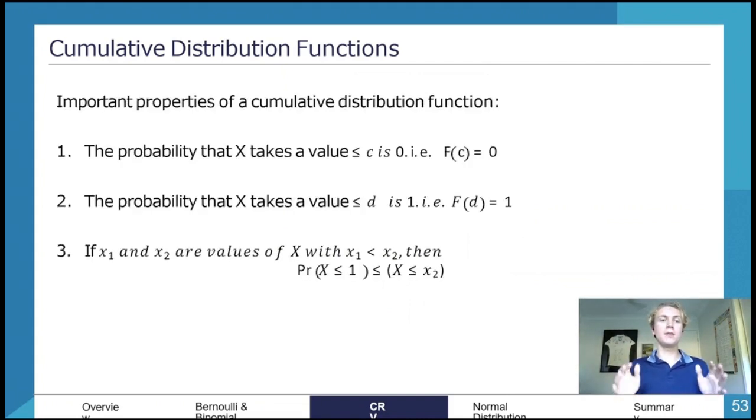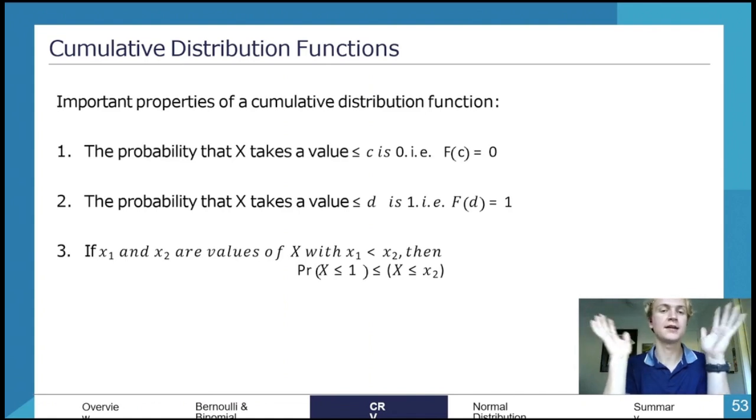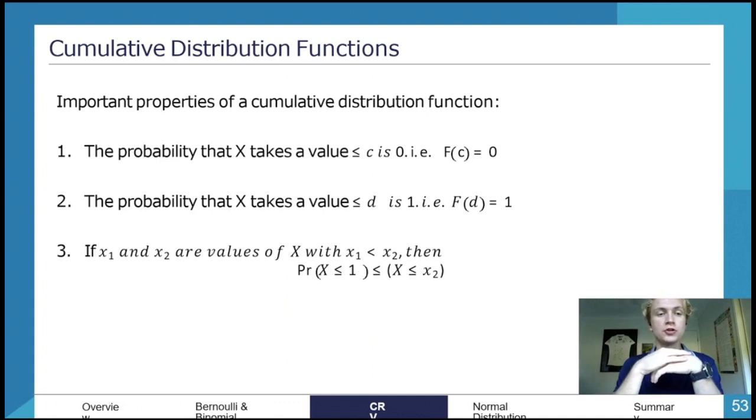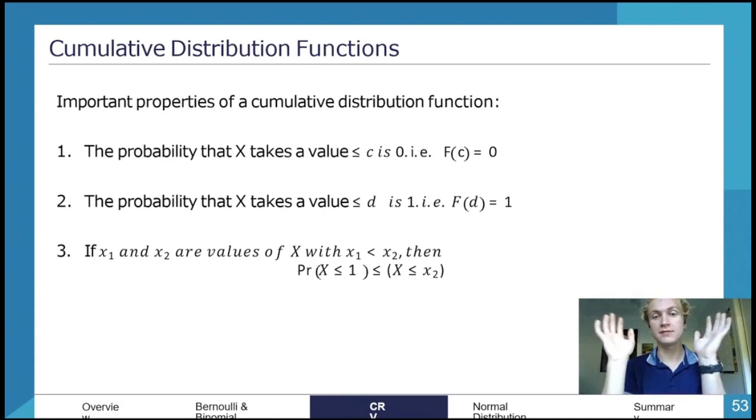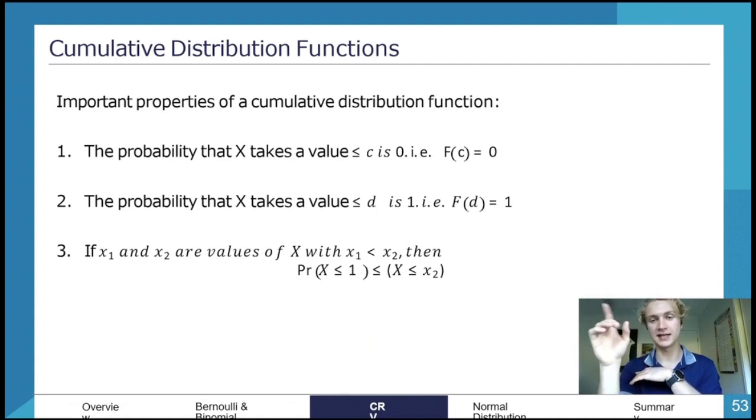Okay. Important properties of a cumulative distribution function. One, the probability that x takes a value of less than or equal to c is 0, i.e. F of c is 0. That's just saying c is the lower bound, whether that be negative infinity, 0, whatever. Two, the probability that x takes a value of less than or equal to d is 1, i.e. F of d equals 1.